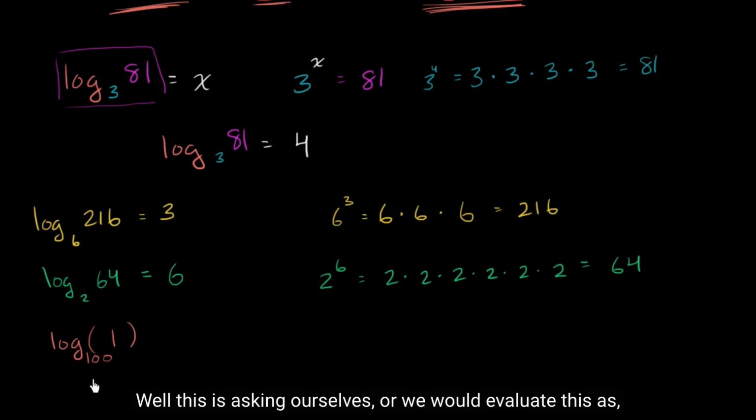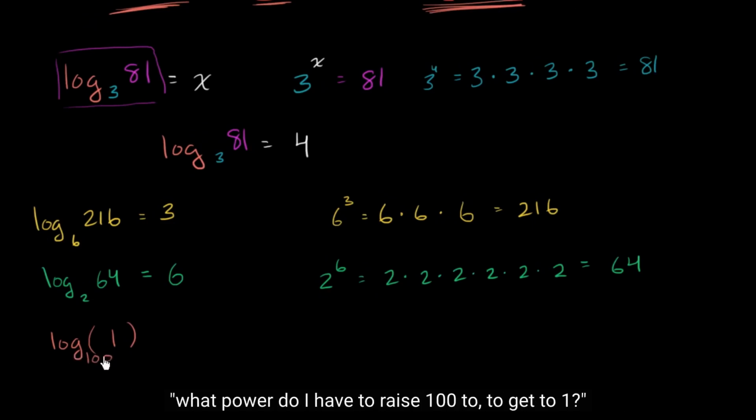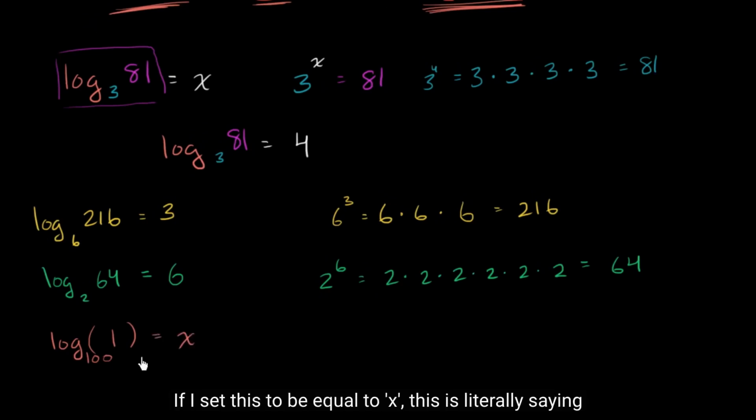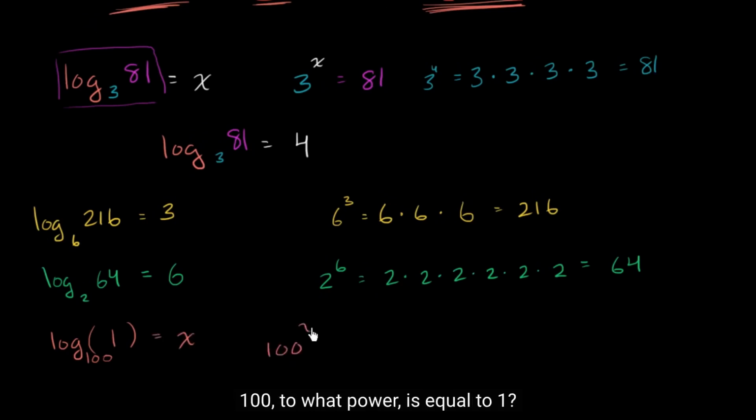Well, we're asking ourselves, what power do I have to raise 100 to get to 1? So let me write this down as an equation. If I set this equal to x, this is literally saying 100 to what power is equal to 1? Well, anything to the 0th power is equal to 1. So in this case, x is equal to 0.